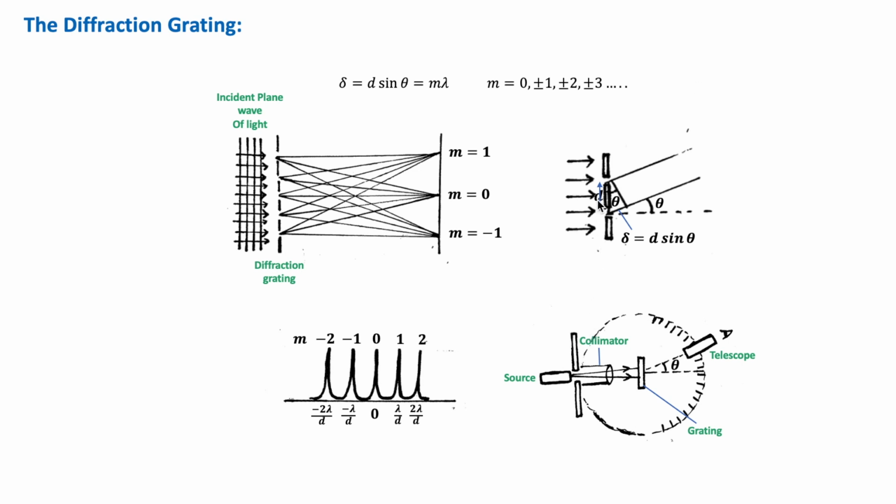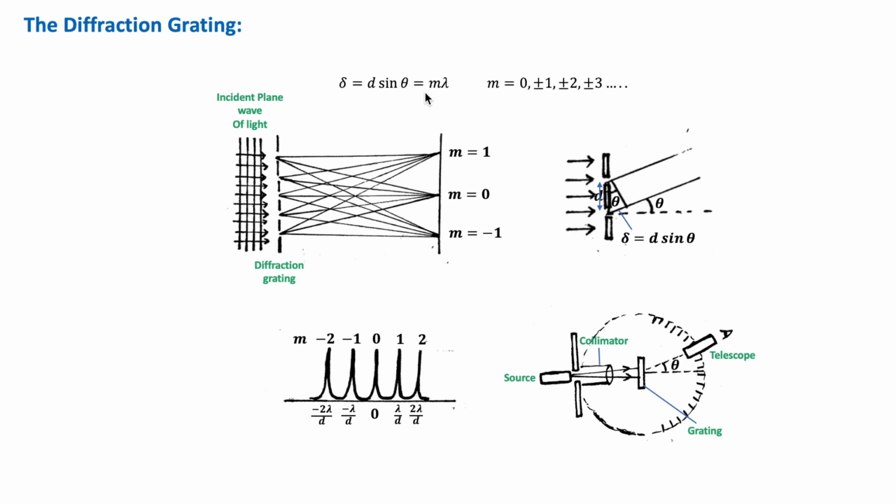The slit separation is d, and the path difference between the waves from two adjacent slits is equal to d sine theta. Let's assume that the distance between the grating and the screen, L, is much larger than d. If this path difference is equal to one wavelength or an integral number of wavelengths, then the waves from all slits will be in phase at the screen, resulting in a bright line.